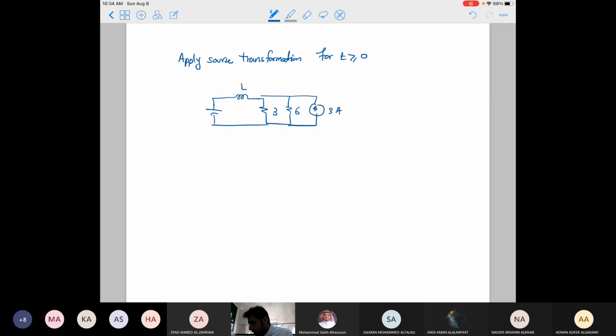So in this case, you will have a series RLC circuit, with L and C. 3 in parallel with 6 is going to be 2. Okay, so now you have a series RLC circuit.